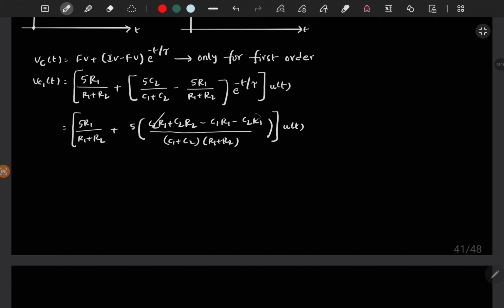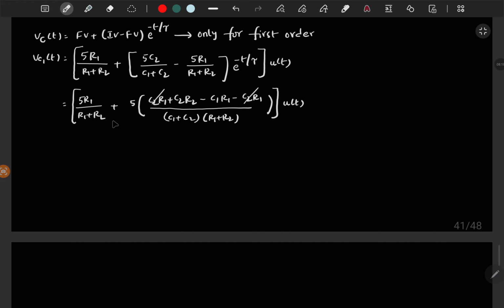So C2R1 will get canceled out. You will get 5R1 by R1 plus R2 plus 5 times R2C2 minus R1C1 by R1 plus R2 times C1 plus C2, times u of t.